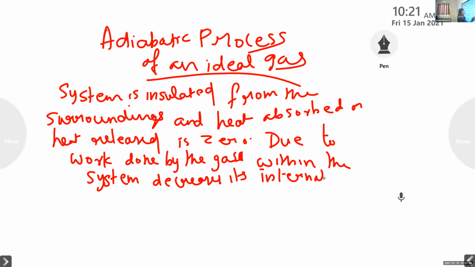So there is no external force coming from outside. So the gas itself, the energy which it has gained, we think because of that, what happened? The internal energy has been reduced.